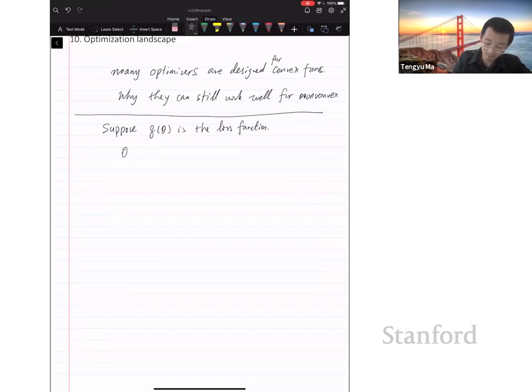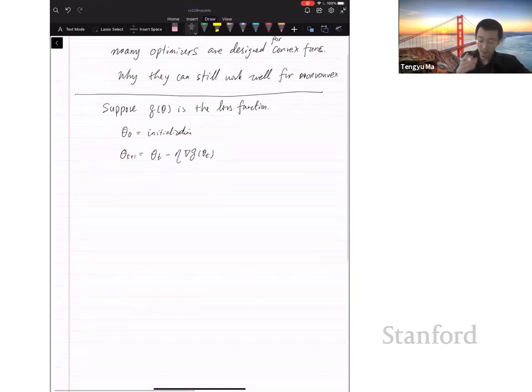The algorithm is: theta_0 is some initialization, and theta_{t+1} equals theta_t minus eta times the gradient of g at theta_t. This is gradient descent. And you can have stochastic versions of it. Many of you probably know them.